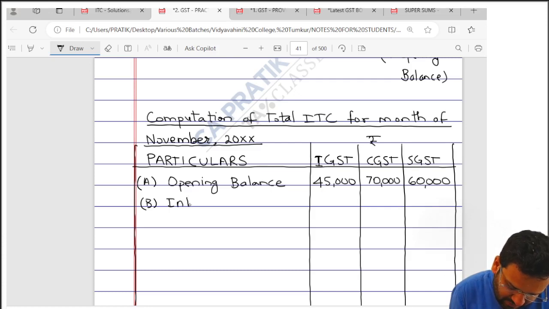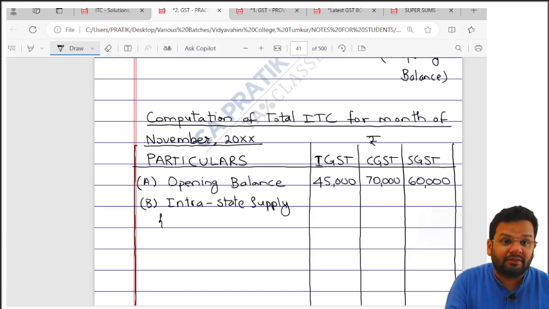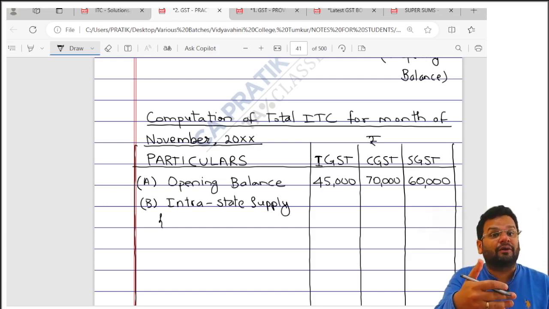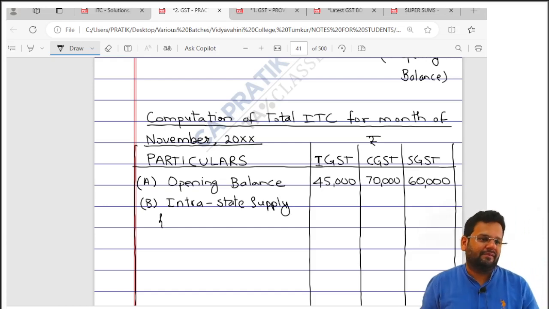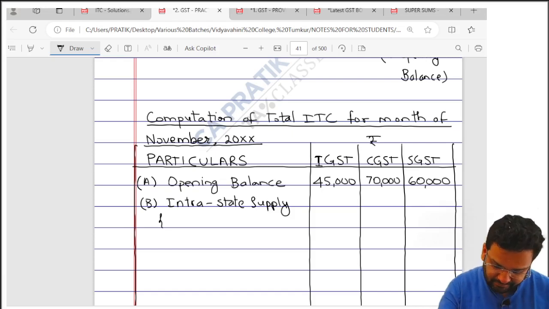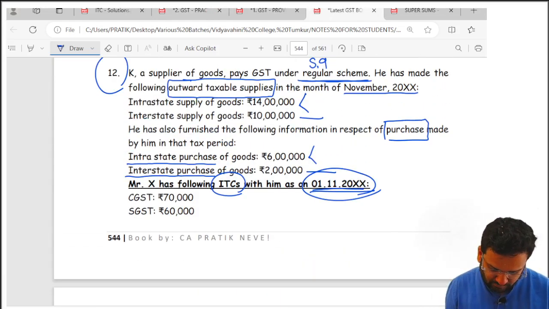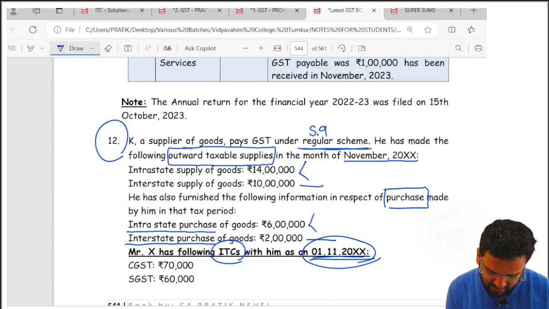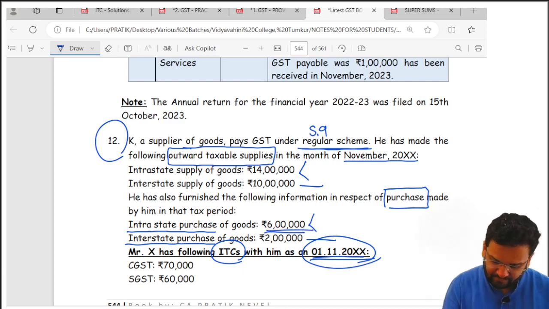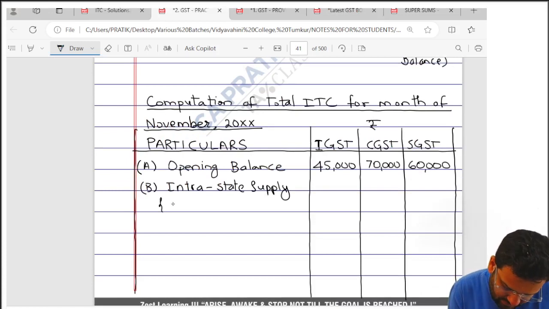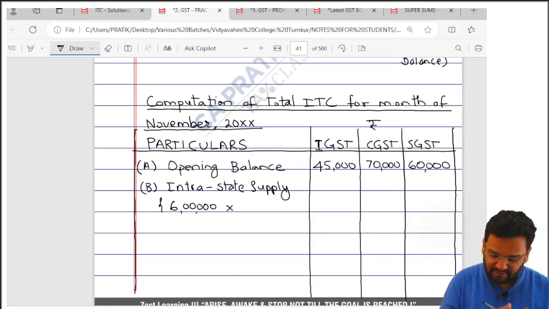So what is intrastate supply? Sorry, intrastate supply means purchase. I am talking about purchase. Yes, see this 6 lakhs. So 6 lakh into what is the rate of GST?